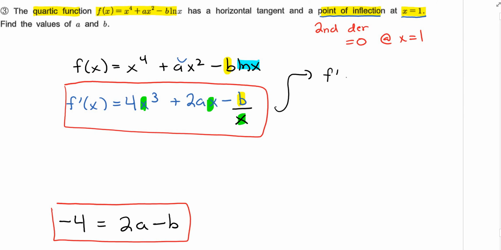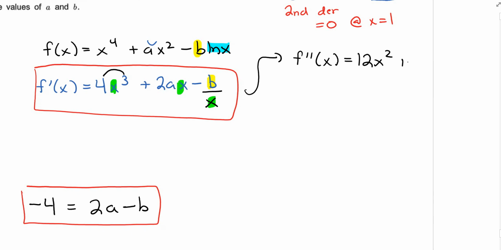So that's f double prime of x equals, well, 3 times 4 is going to be 12, so 12x squared plus, now remember this 2a, that's a constant, right? So a constant times a variable, the derivative is just going to be the constant. So the derivative of 2ax is going to be 2a minus, now b over x, that's the same thing as b times x to the power minus 1.